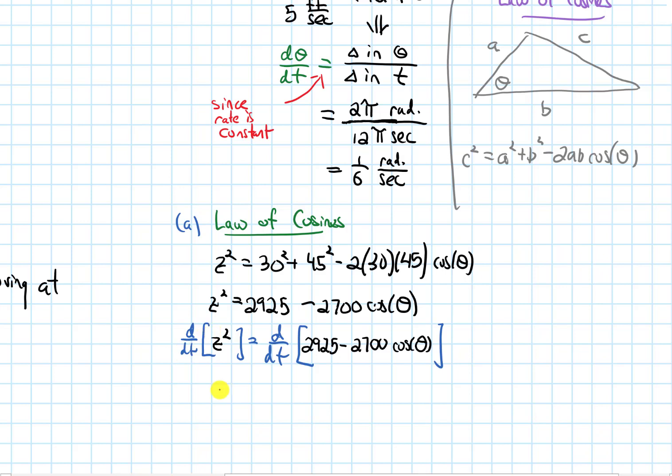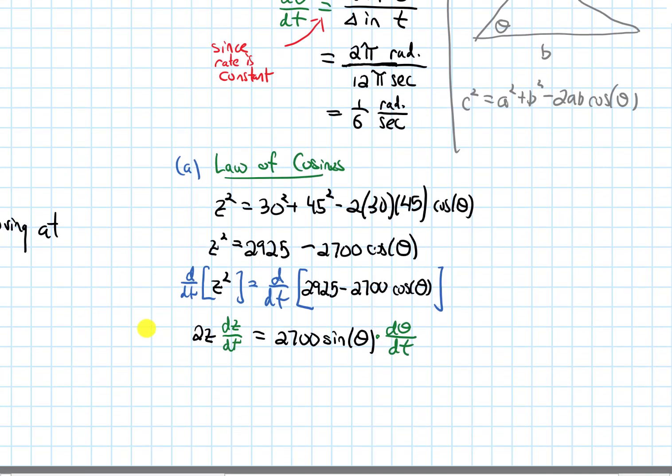On the left, that derivative is going to be 2z times dz dt. On the right, the derivative of 2925 is 0 because it's constant. And then the derivative of the cosine will be negative sine, so I'll pop out that negative to get positive 2700 sine theta. But then I have to differentiate implicitly and multiply by the derivative of the inside, theta, to get d theta dt. So that's coming from chain rule.